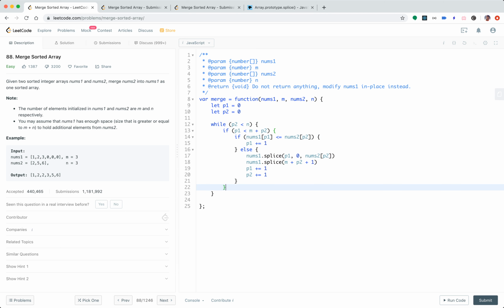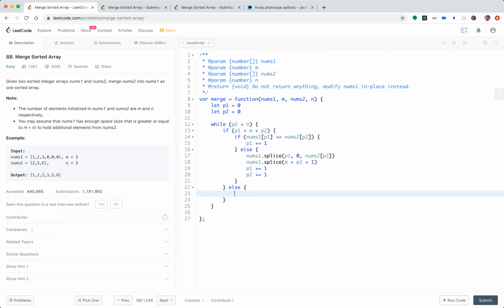Okay. So after everything is done, there might still be numbers left. For the other case, no, there won't be. So if not the case, we will say that P1 is overflow.